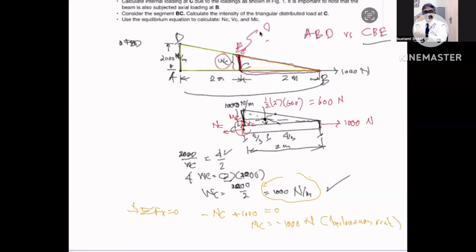Concentrated load at the center of gravity right here is 1/2 by 2, and then multiply by 1,000 right here.